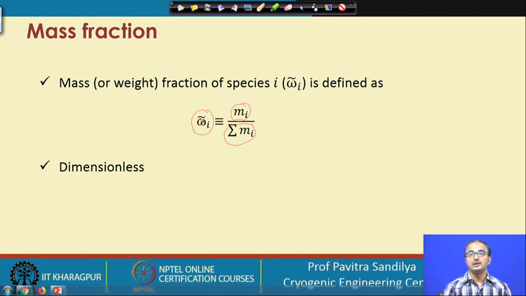And because here it is a fraction and which is constituting of mass only in the numerator and denominator, it is dimensionless.